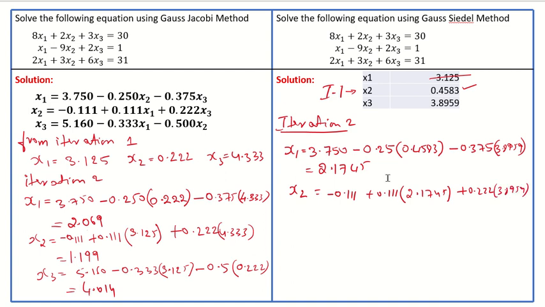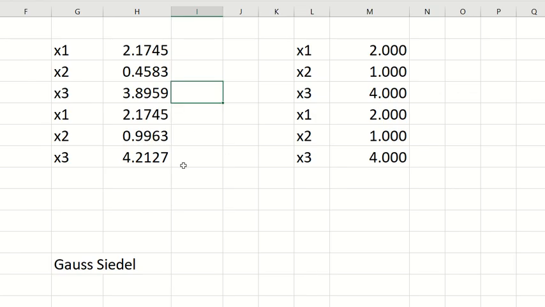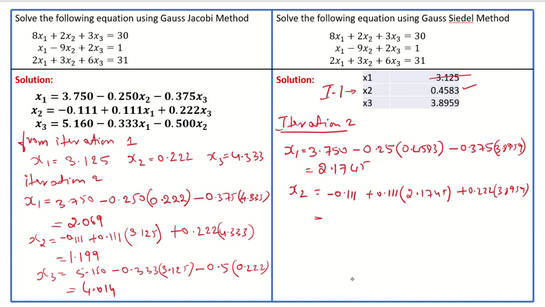And here I am going to get the answer as 0.9963. This is the answer for x2. Now you are going to find out x3. Once you get x2 as 0.9963, the old value will be updated with 0.9963 and will not be used further.